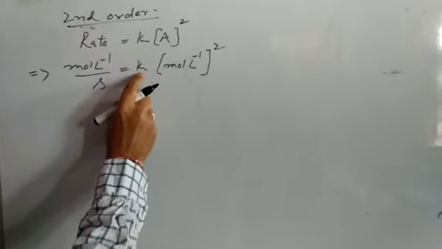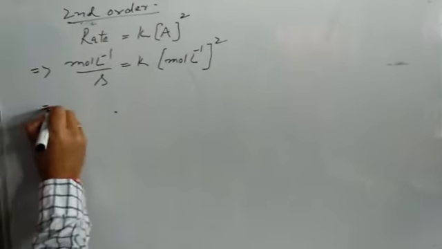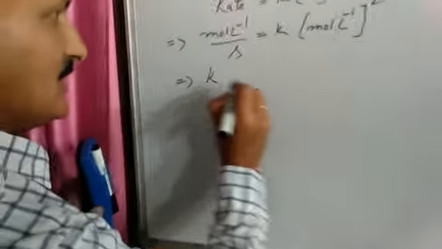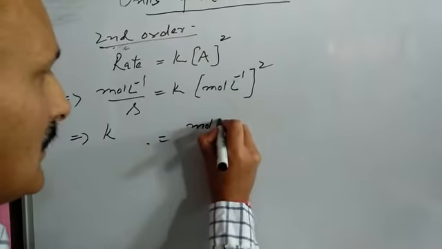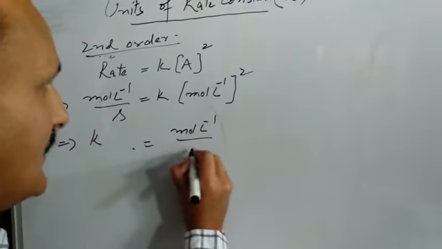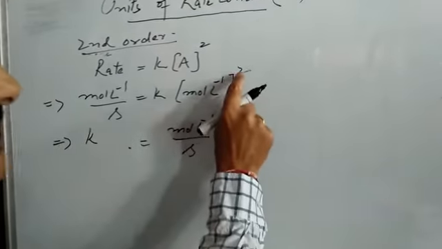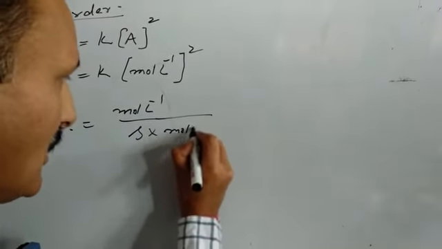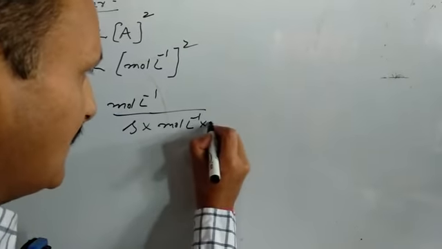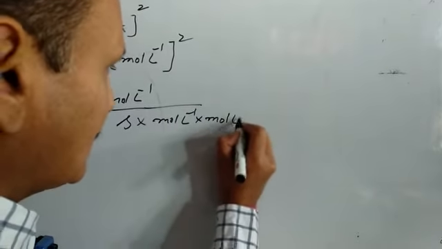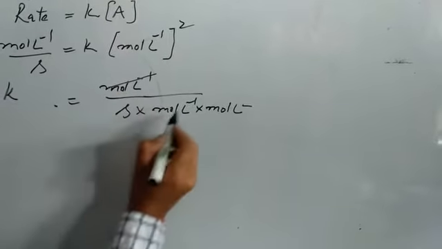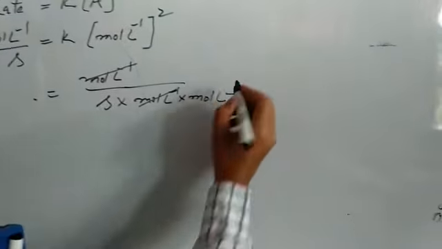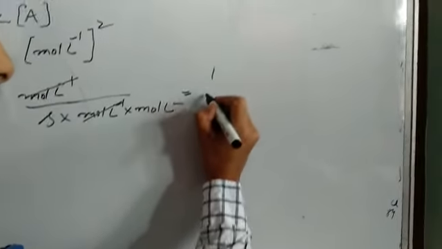Now bringing this K to the left hand side, because we want to determine its units, it will be mole per liter upon second, and mole per liter how many times? 2 times. It will go to the denominator here. Mole per liter into mole per liter, that is 2 times mole per liter. Now one mole per liter cancels with the numerator, and what will be left behind?